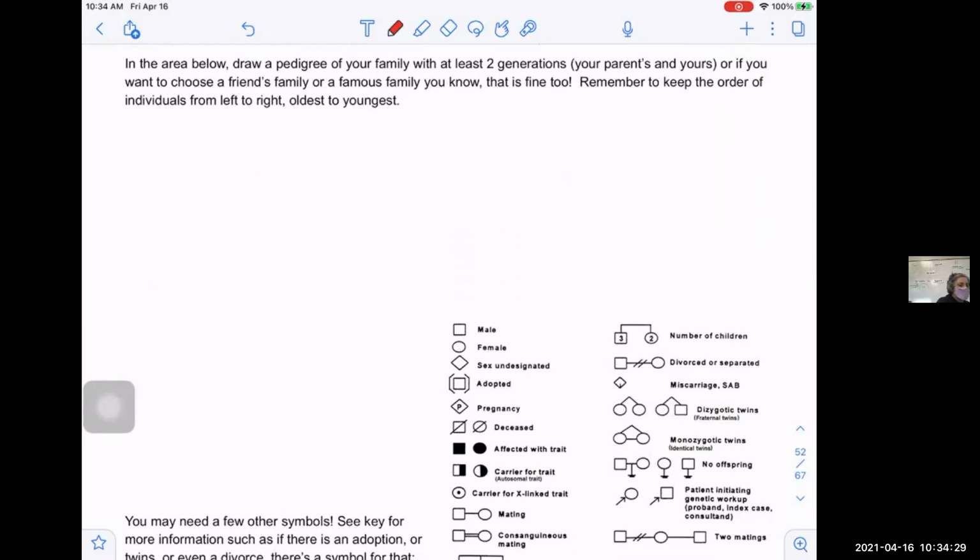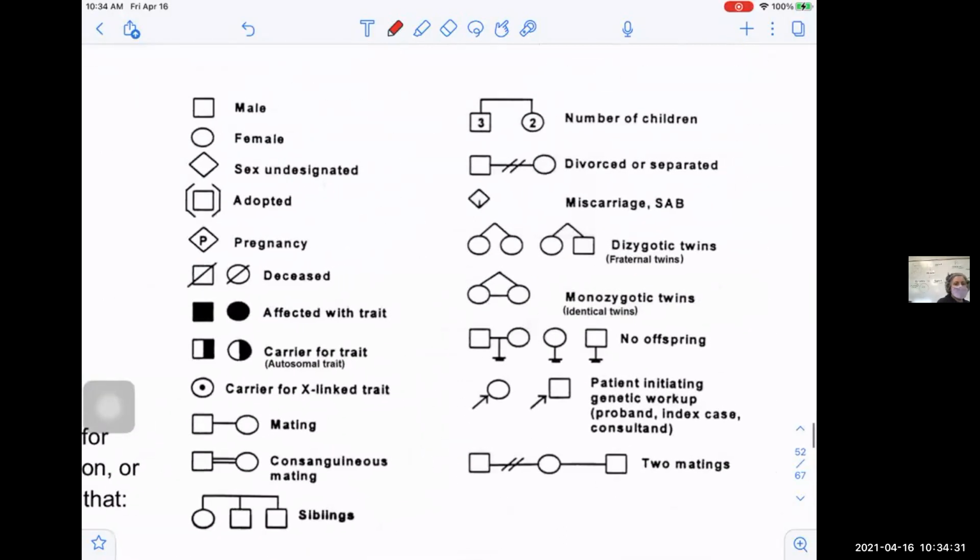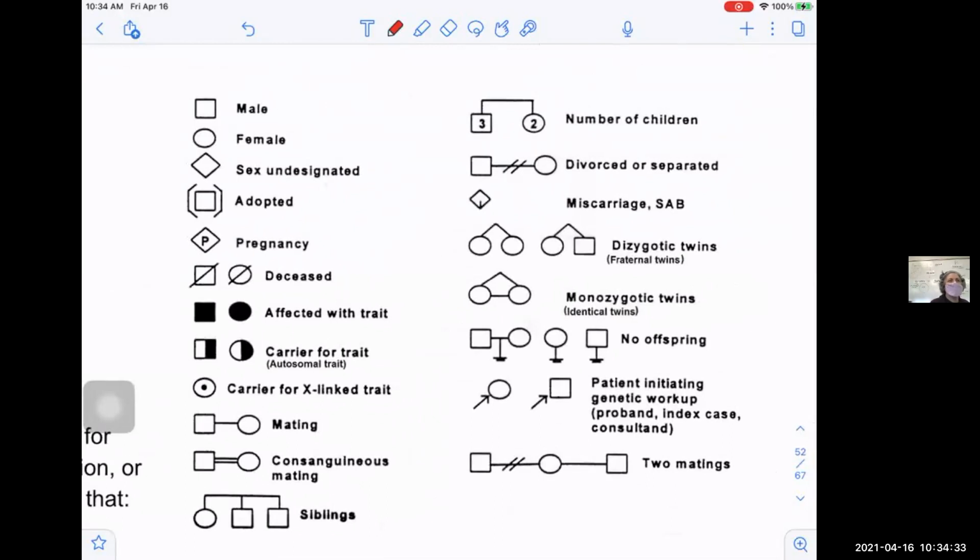And there are some extra symbols I've added down here. If you are a twin, and I have twins in this class, you can be either a fraternal twin, meaning you're not identical, or a monozygotic twin, which means you're identical.